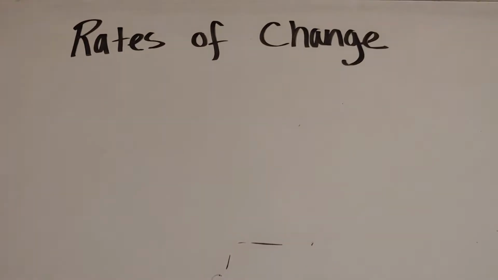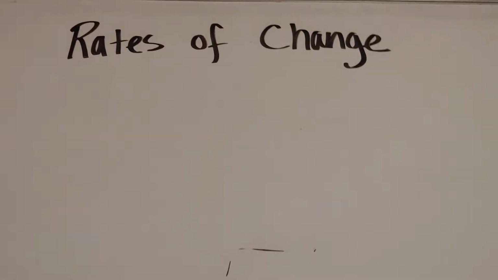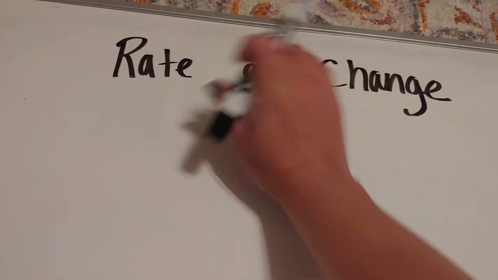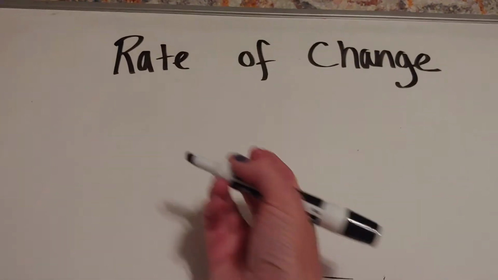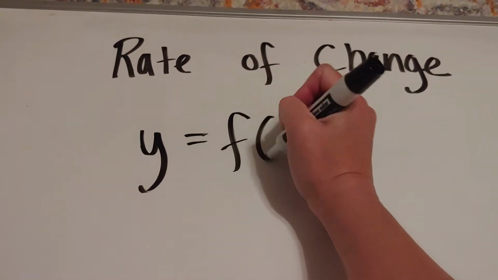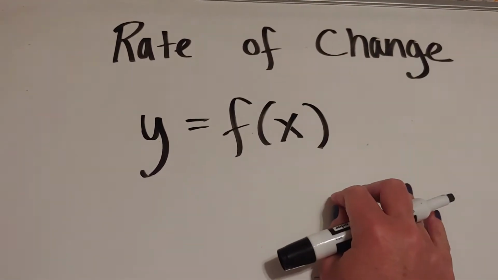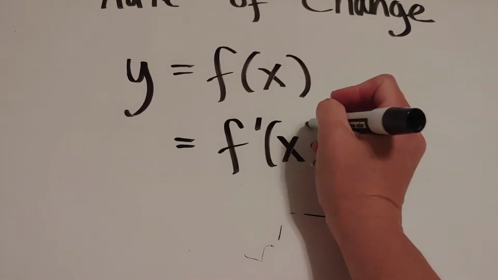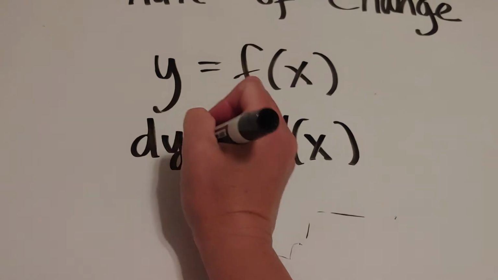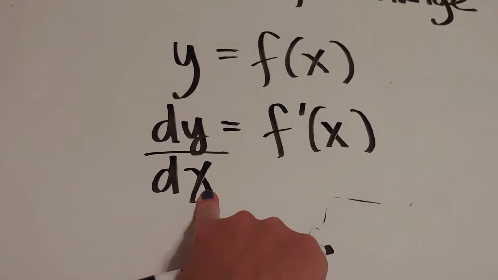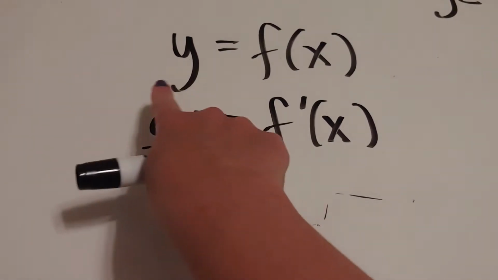In this video, we're going to talk about derivatives being a rate of change. I wrote "rates of change," but a rate of change? Sure. Okay, so what we're talking about is that when you have a function and we take a derivative, what we're really doing is seeing how y changes in relation to x, but the d means instantaneous change.